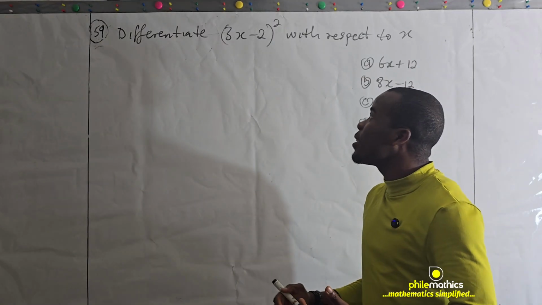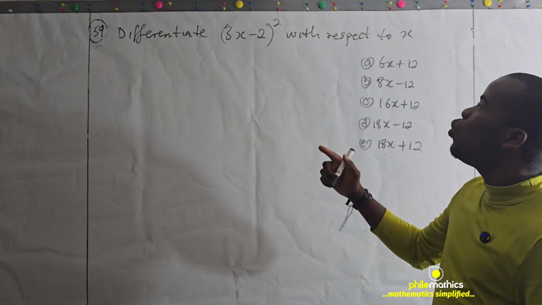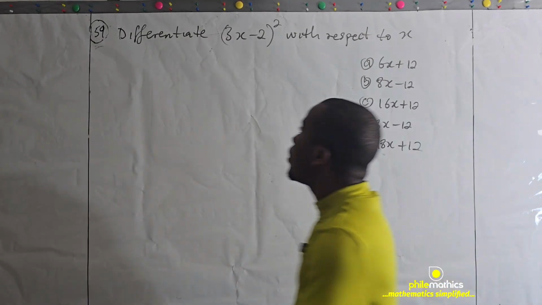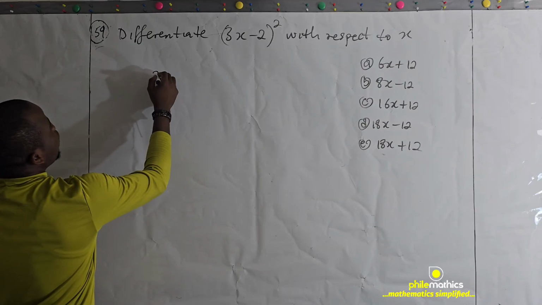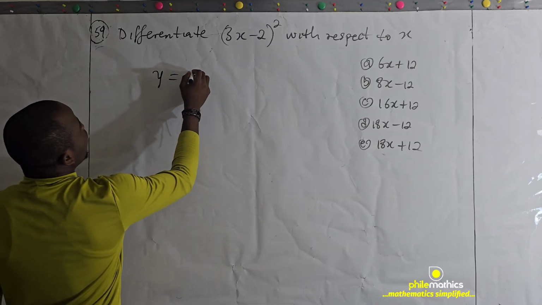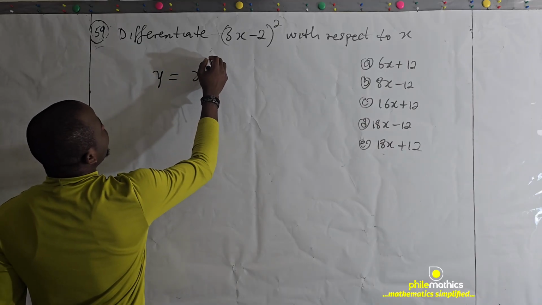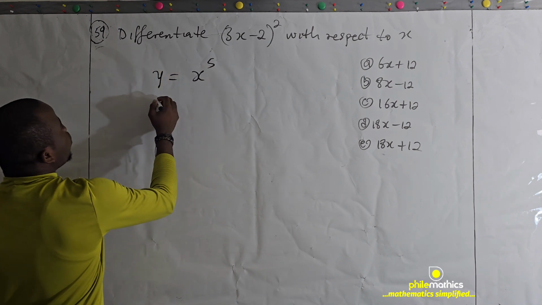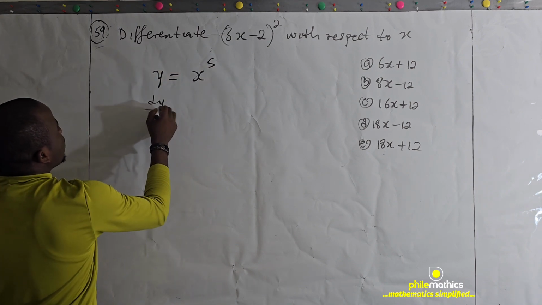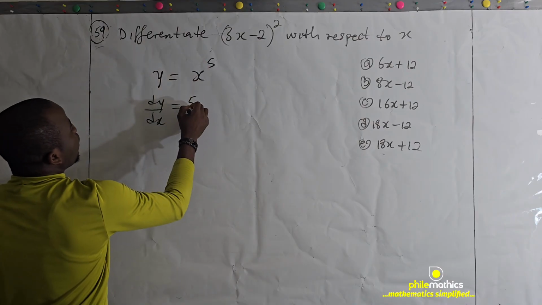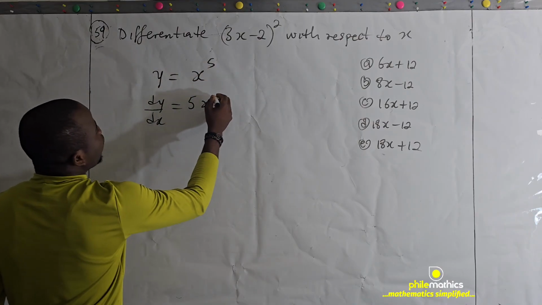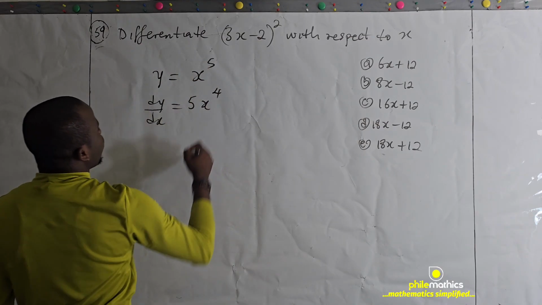Differentiate (3x minus 2) to the power 2 with respect to x. So how we do this, recall that if y is equal to x to the power 5, what we do is dy/dx, multiply this, 5x, subtract 1 from this, that's 4.